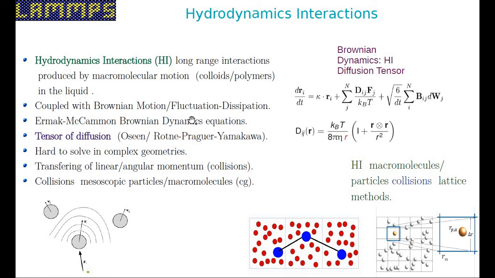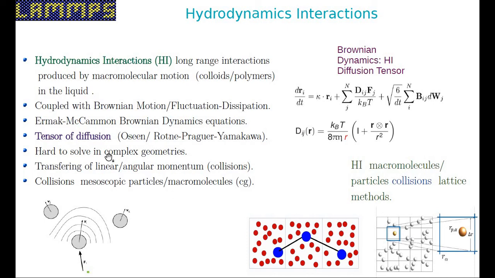There are other approximations for non-point particles, such as the Rotne-Prager-Yamakawa approximation. However, it is hard to solve this equation in complex geometries. This is very frequent in the study of soft matter in confinement.